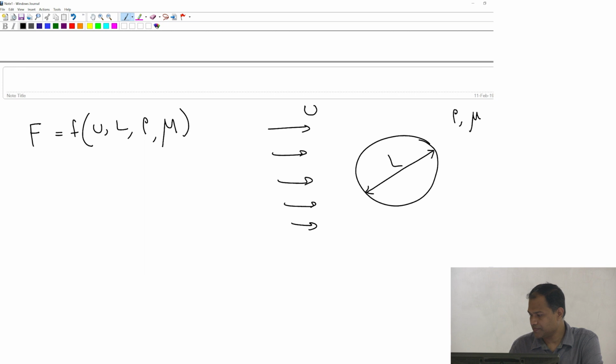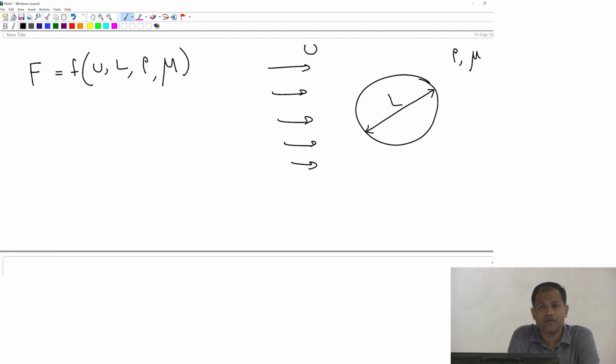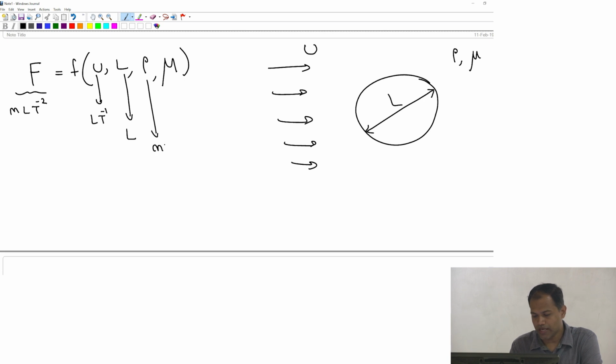And we said we have identified now 5 different variables and we will write down the dimensions of each of them. So force has the dimensions of mass, length, t to the power minus 2, u is L t to the power minus 1, L is L, rho is m L to the power minus 3, mu is m L inverse T inverse.